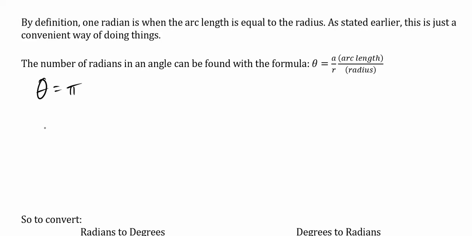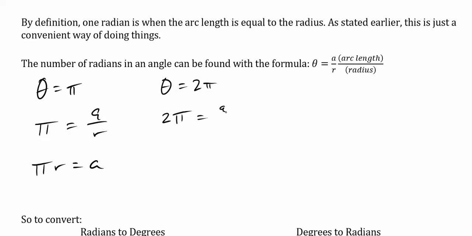So if theta is pi, pi equals A over R. And so if we multiply both sides by R, if we knew what R was, pi times R would be A. That's not very interesting, but what if I do this? Theta equals 2 pi. So if I get 2 pi equals A over R, and I multiply both sides by R, I get 2 pi R equals A.